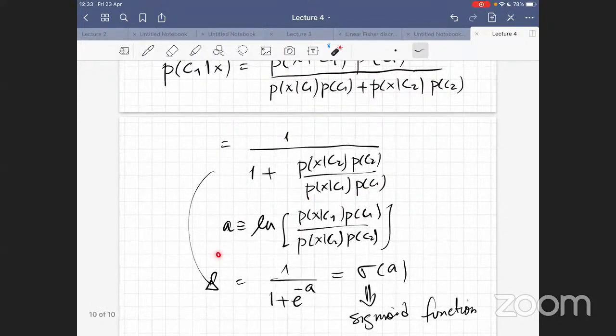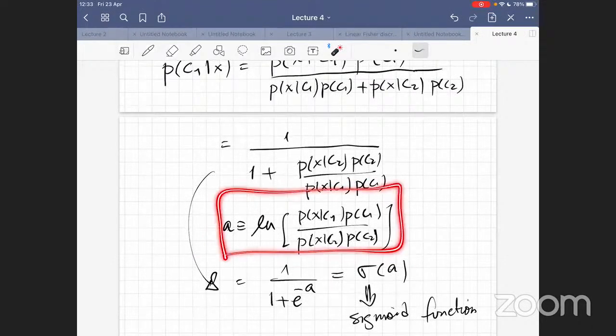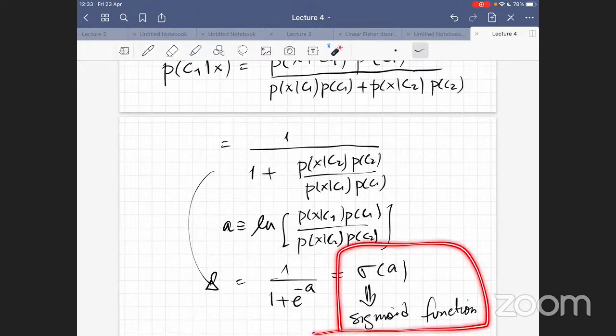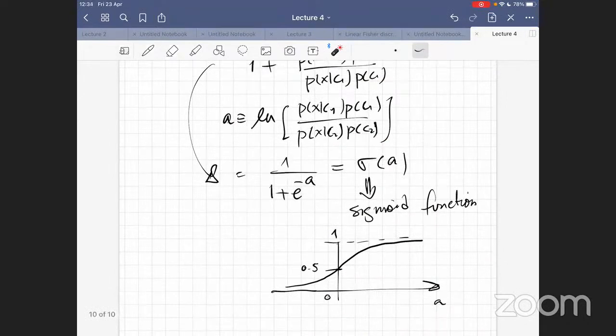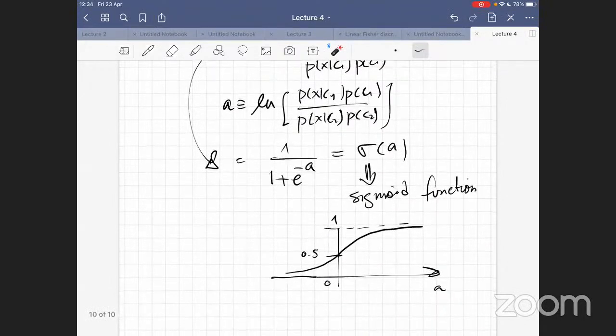By defining A like this, the whole expression can be put in this shape, which is nothing but the sigmoid function. The sigmoid function, if you probably know it, has this shape here, where it is a bounded function from 0 to 1, and it crosses the axis at 0.5.